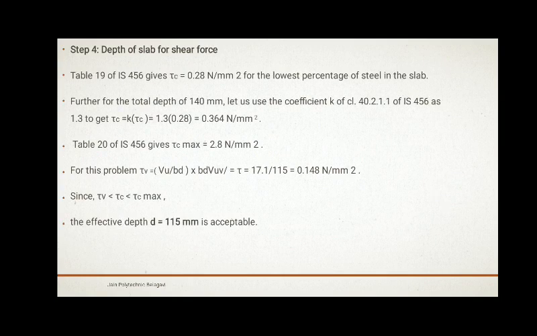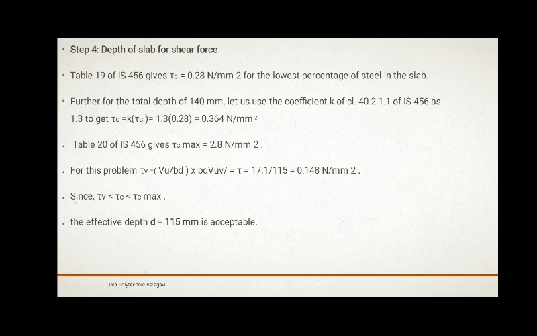Step 4, design of slab for shear force. From table 19 of IS 456, the tau c value we get is 0.28 Newton per mm square for the lowest percentage of steel. Further, the total depth, as we know, is 140, effective is 115.